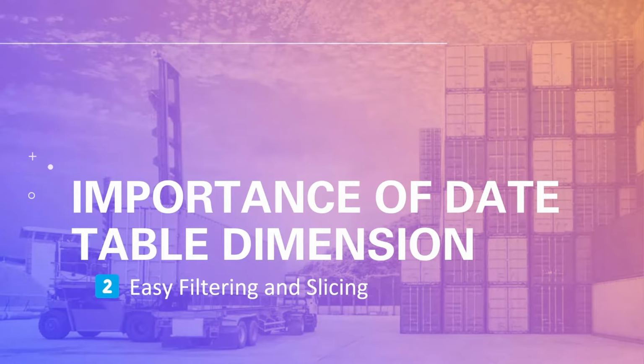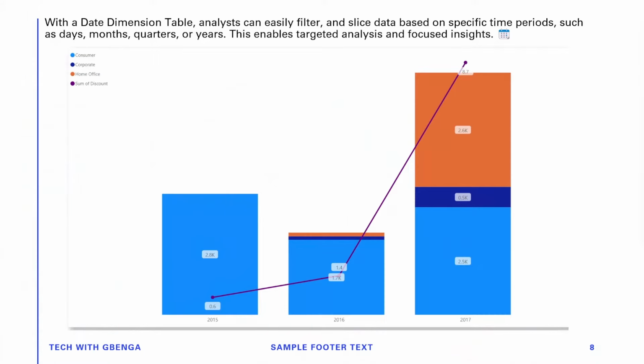Another important thing you'll find around the dates table is that filtering and slicing your data becomes an out of the box feature. Let's say you're looking at this typical column stacked chart with a line chart.